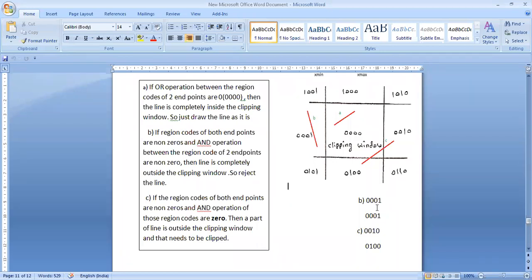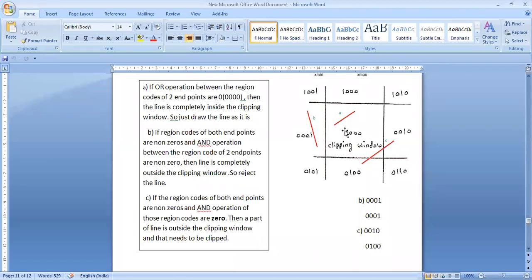The AND operation between the two endpoints is non-zero. Then I say the line between the two endpoints is completely outside the clipping window. So in that case, I will reject the complete line. That means I will eliminate the complete line.